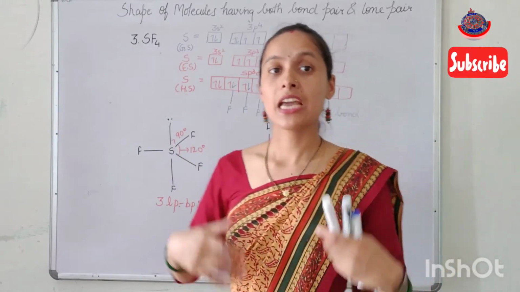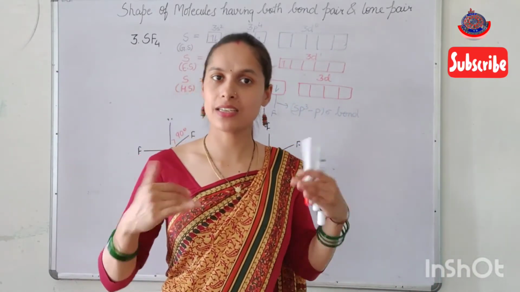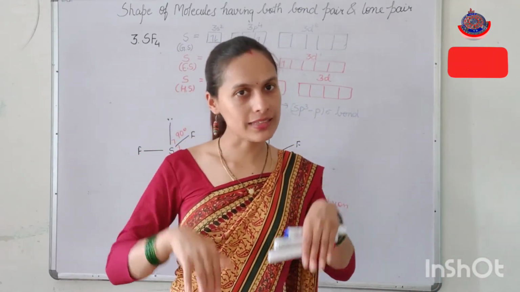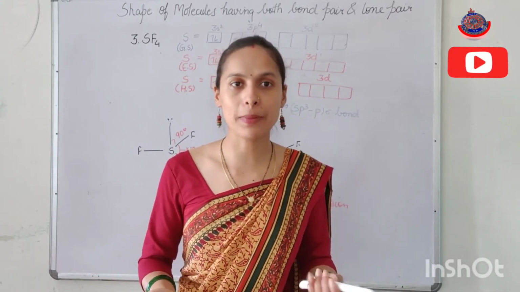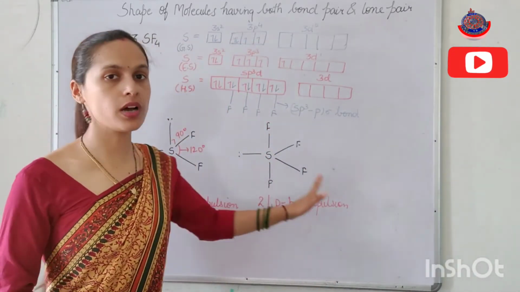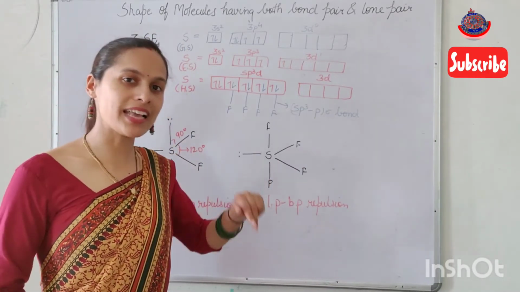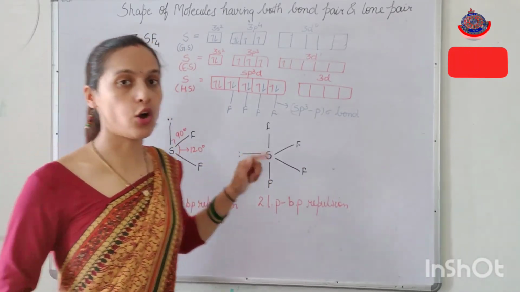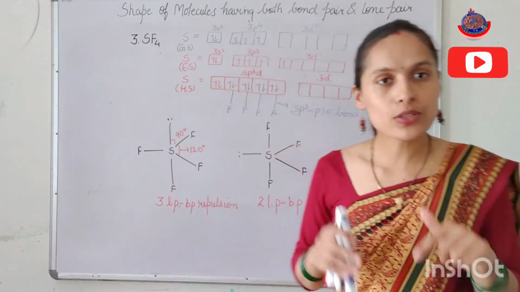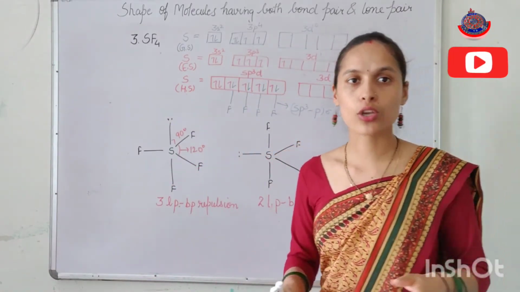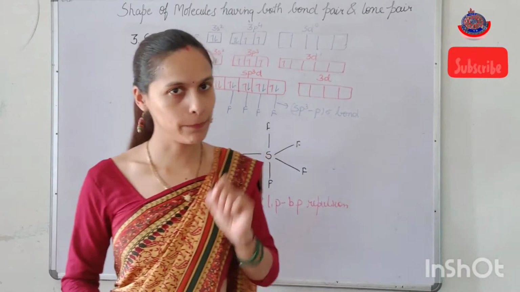And we know that greater the repulsion, lesser is the stability, or lesser the repulsion, more is the stability. So out of these two structures, which one is more stable? This one is more stable. That's why the lone pair will occupy the equatorial position and will not occupy the axial position.